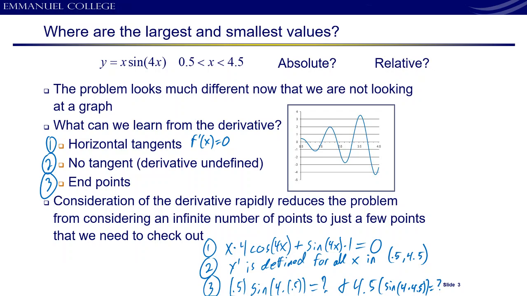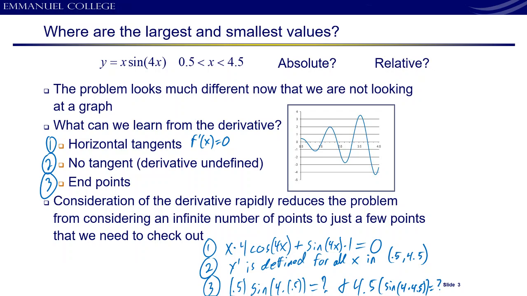Now, for equation 1, that's going to be pretty tricky. You would probably have to solve for x, and it would be turning into kind of where does 4x equal, I think that would turn into negative tangent of 4x.